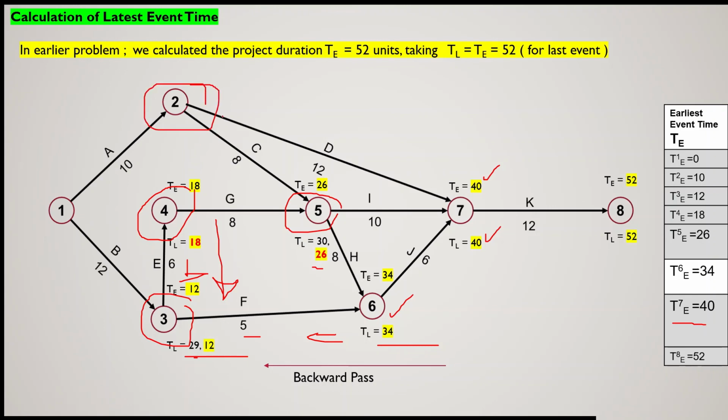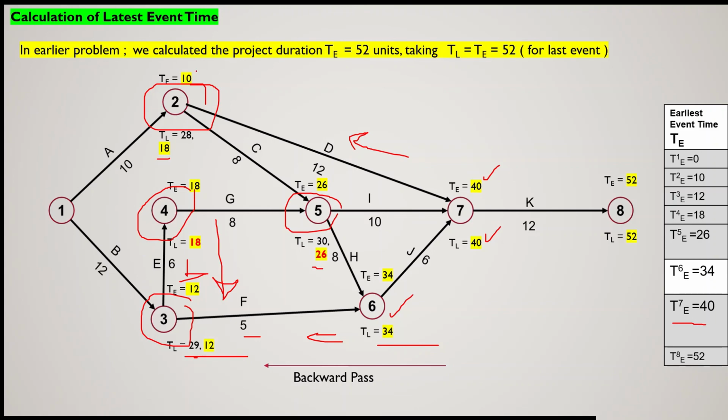Now we have to reach event number 2. Event number 2 is connected to event number 5 as well as 7. If you go in the backward direction from 7, then it will be 40 minus 12, that is 28. And if you go through this path, 26 minus 8, then it will be 18. So we pick the latest event time of event number 2 as 18.